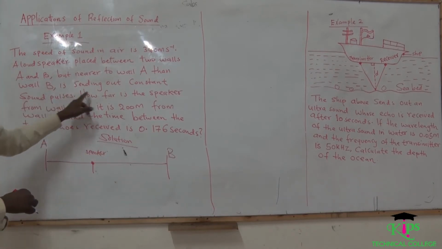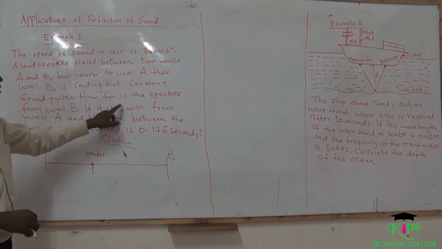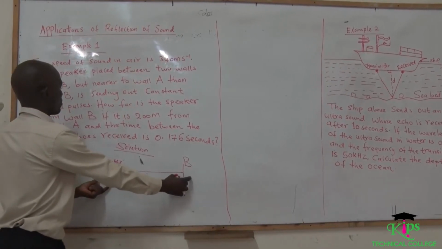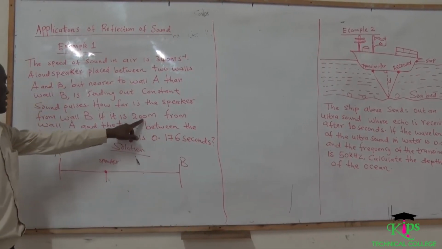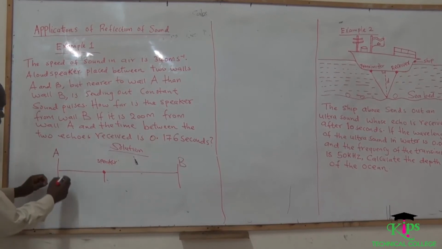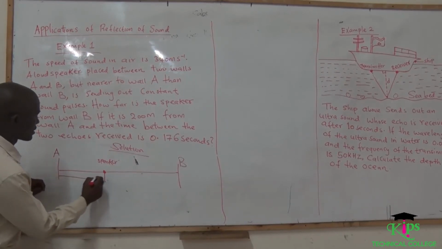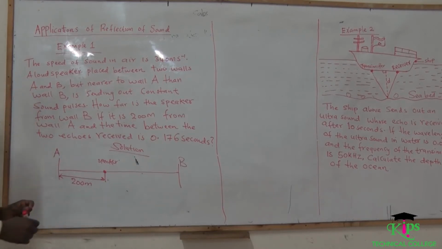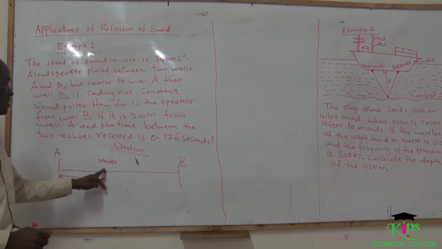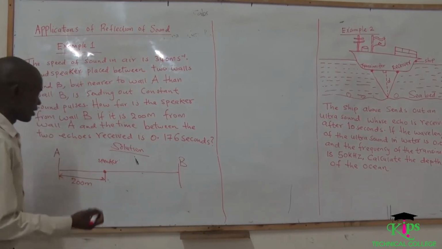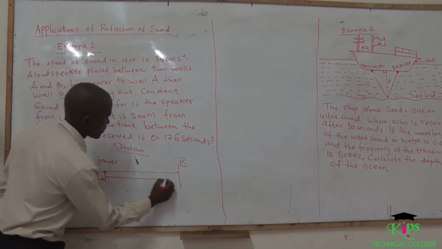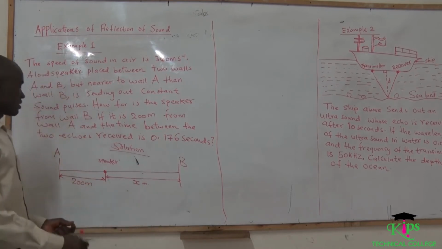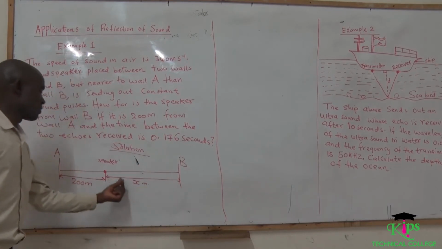Secondly, it is sending out a constant sound pulse. How far is the speaker from wall B if it is 200 meters from wall A? So the distance from wall A to the speaker is 200 meters. What we are looking for is the distance between the speaker and wall B, so let us take that distance to be x meters.